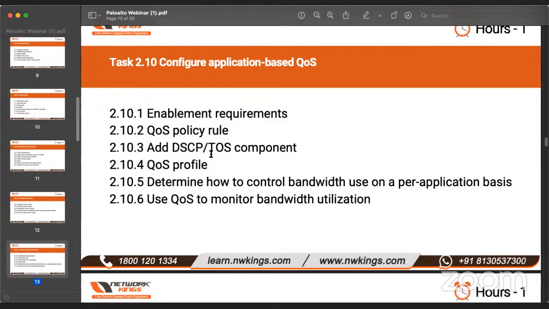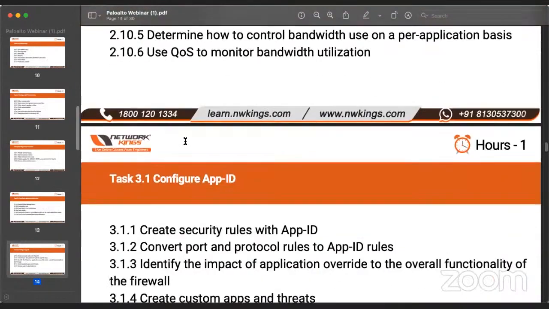So how does a company ensure that YouTube does not eat up their bandwidth? They don't want YouTube to be using the entire bandwidth, and how do we limit it? Maybe let's say 100 or 200 Mbps only for YouTube. All of that with QoS profile. How do you set the QoS policy to achieve this? We'll be talking about the QoS part.